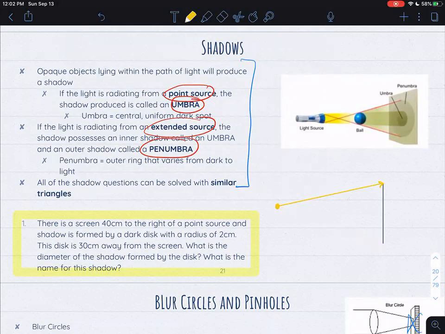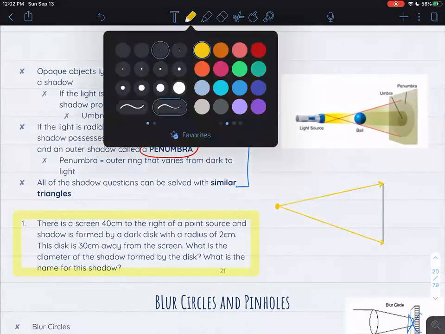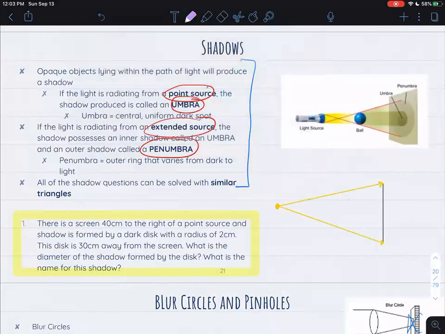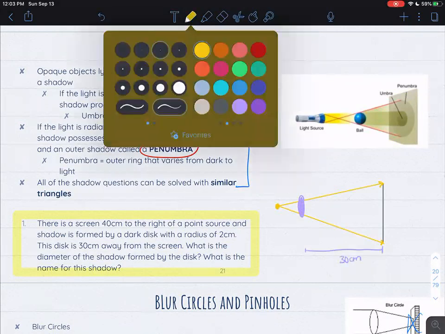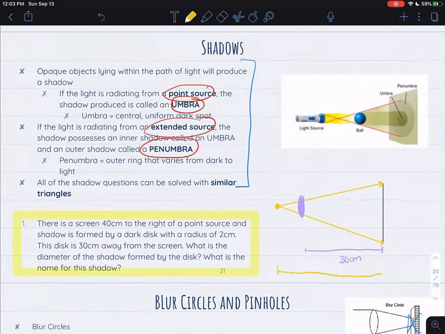Something like this. And then it says the disk is 30 centimeters from the screen, so we'll draw our disk here. And this distance is 30 centimeters, and this distance is 40 centimeters.